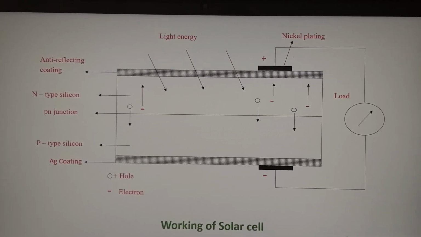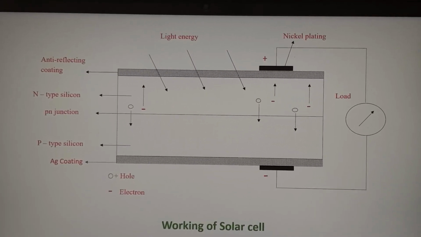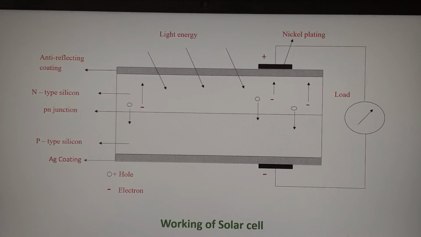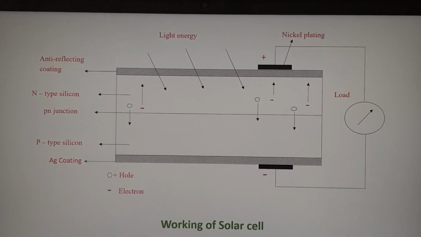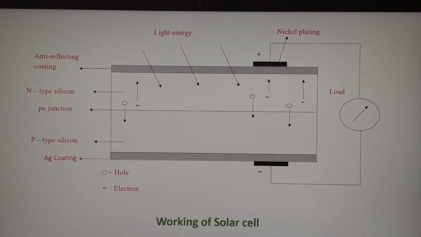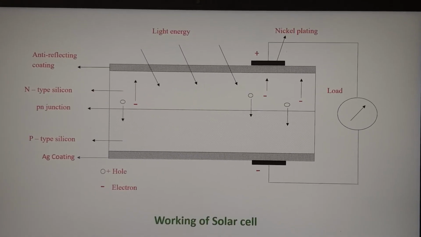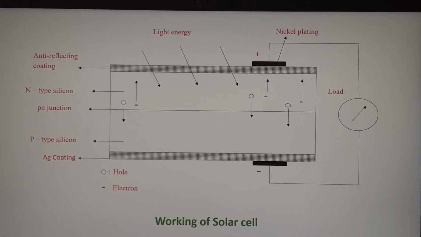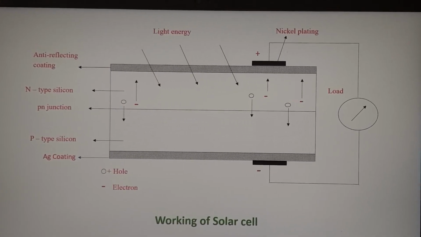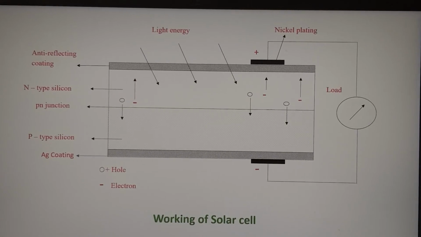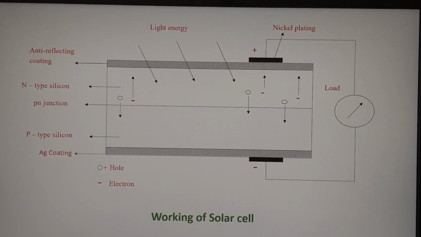And when it is connected with an external wire, the electrons start moving in the external circuit, generating electricity. You can also see that at the back of the P-type silicon is the silver coating, and the anti-reflecting coating in between the grid lines is also shown in the figure. So this is how the solar cell works.